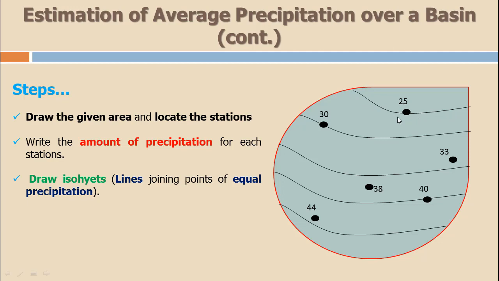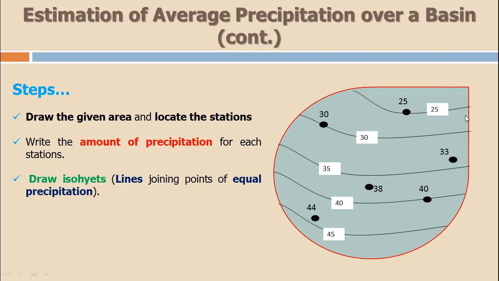The value of this isohyet is 25. Similarly, this is another isohyet and its value is 30. Here is an isohyet whose value is 35. This is an isohyet whose value is 40, and here is an isohyet of 45.